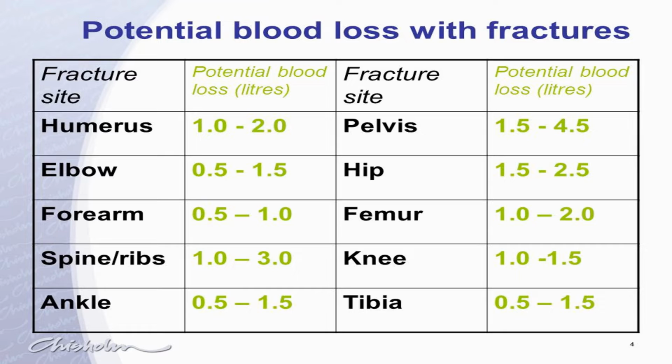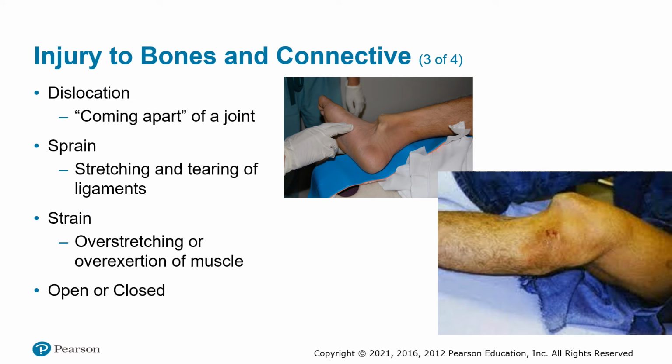Your pelvis, up to 4.5 liters of blood can be lost. So you're not going to have a whole lot left. Femur is 1 to 2. So you can have some blood loss with a fracture.